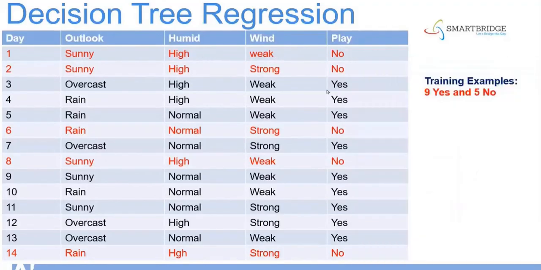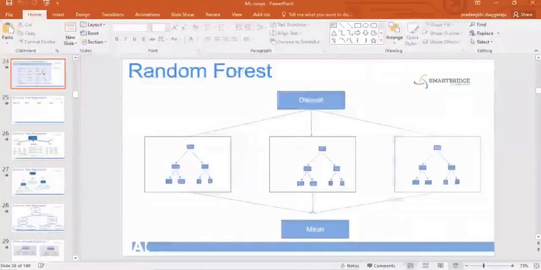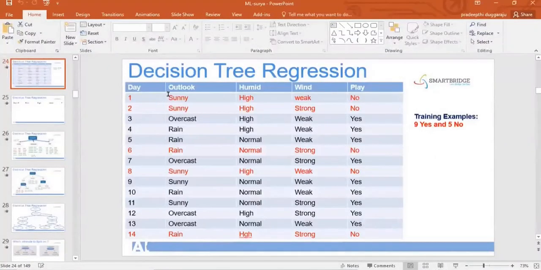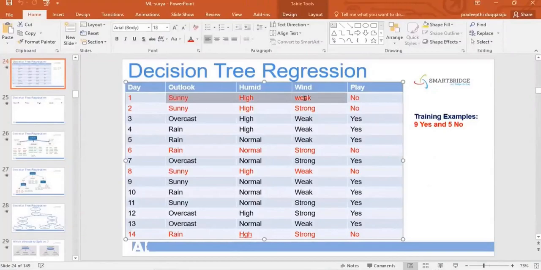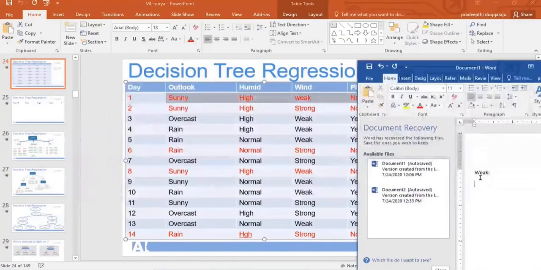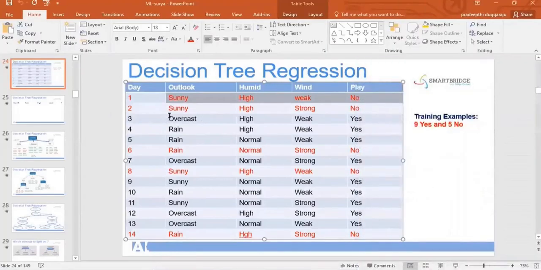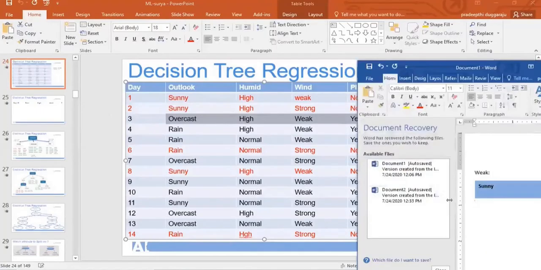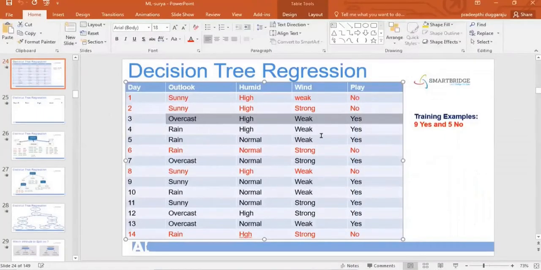This is 1 observation, right? Yes or no? Good. Next weak, where is this weak? This is another observation. Next I have, these are all the other observations for weak.